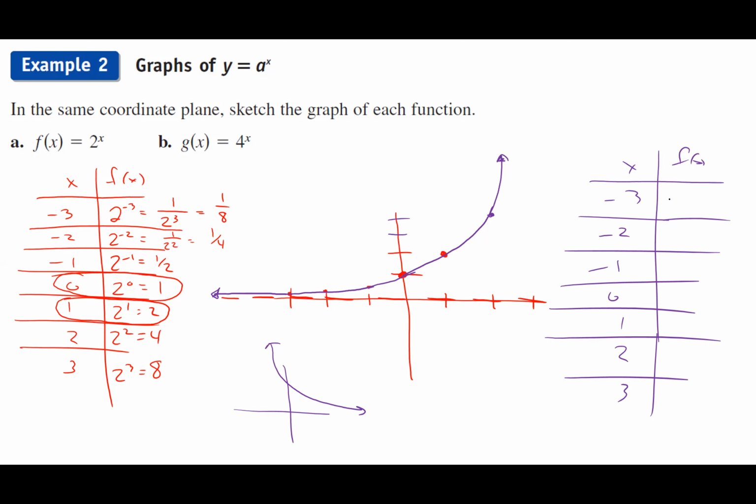All right, so I have 4 to the -3, which makes 1 over 4 to the 3. And what is 4 times 4 times 4? 64, perfect, 1/64. Okay, 4 to the -2 becomes 1 over 4 squared, which is 1 over 16. Can you divide by 4? If on the last one, you could divide by 2.